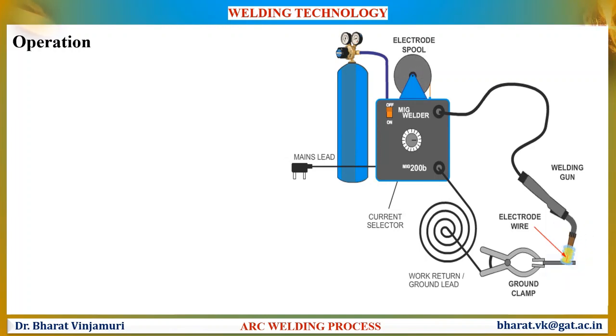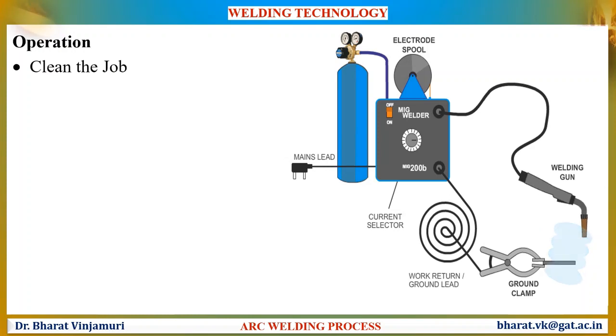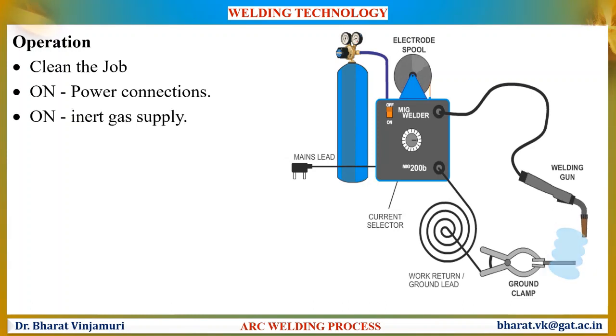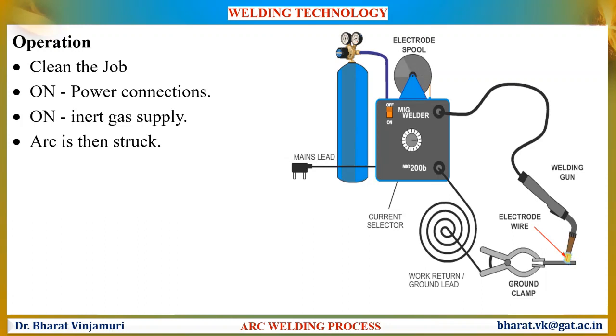Before starting the actual process, the job has to be cleaned of contaminants like grease, oil and dirt. Later, the power supplies including the electrode feeder are switched on along with the inert gas supply. Once all the power connections are on, the arc is struck between the electrode and the workpiece.